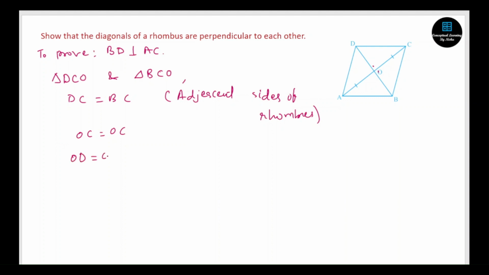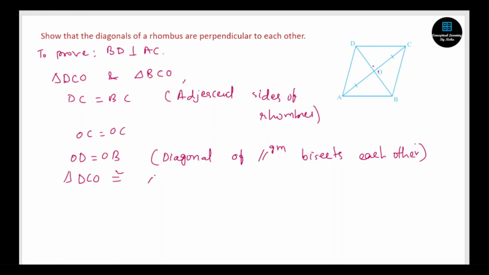OD is equal to OB. So what can I say? These two triangles are congruent. DCO is congruent to BCO. We use which criteria? Yes, SSS.